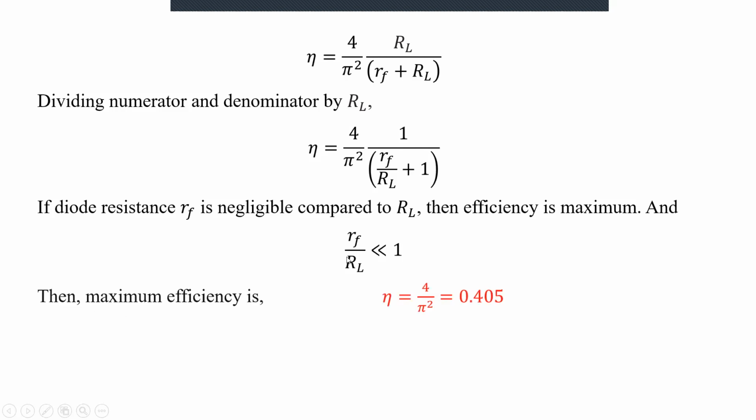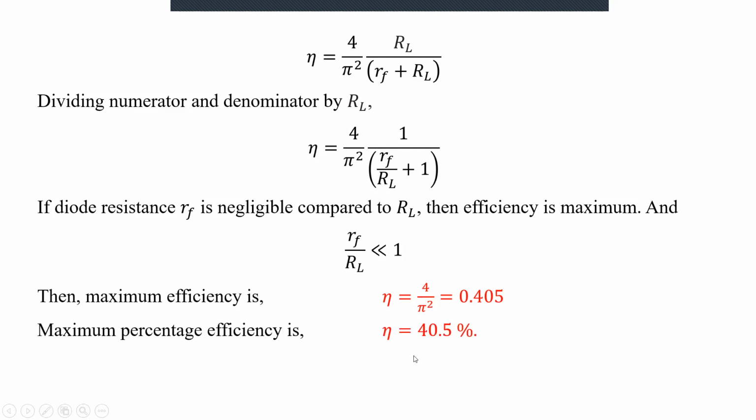Then you can neglect the Rf by RL term in the efficiency expression. That will give you eta equals 4 divided by pi square. If you calculate that, it is equal to 0.405. That is the maximum efficiency of the half wave rectifier.